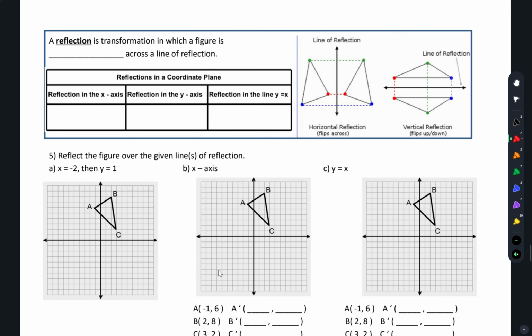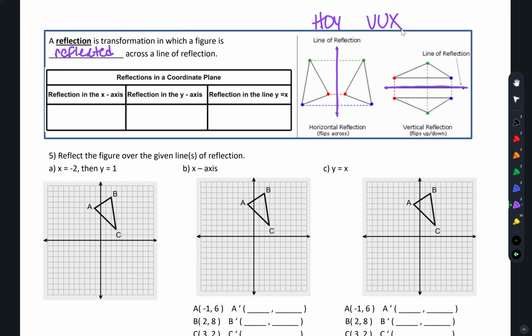Let's take a look at our next transformation, which is a reflection. A reflection is when a figure is, you guessed it, reflected across a line of reflection. Now, those lines of reflection are very typically horizontal or vertical lines. When we're talking about horizontal and vertical lines, the acronym that comes to mind here is HOY-VUX.